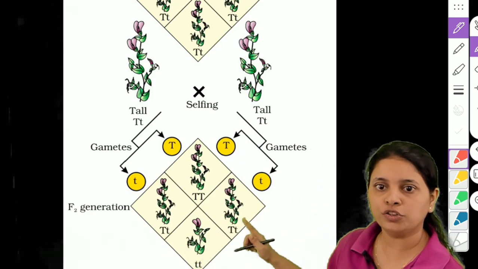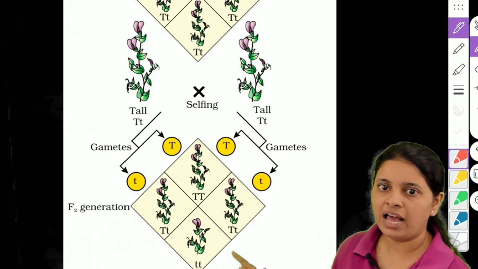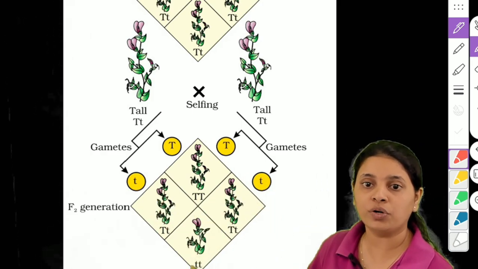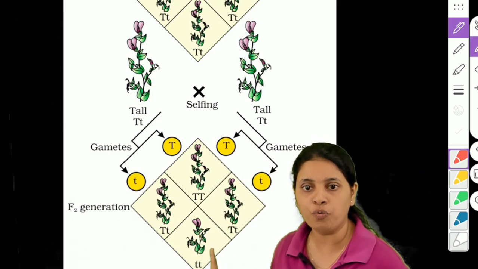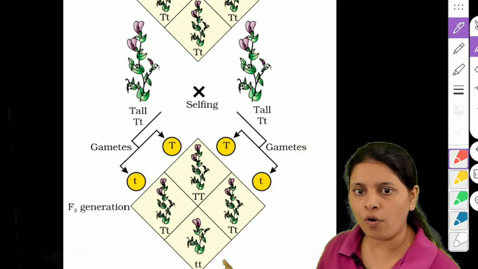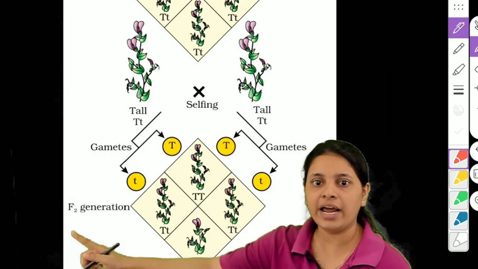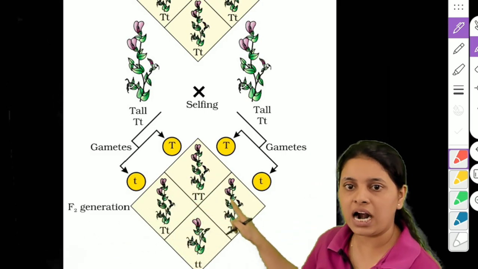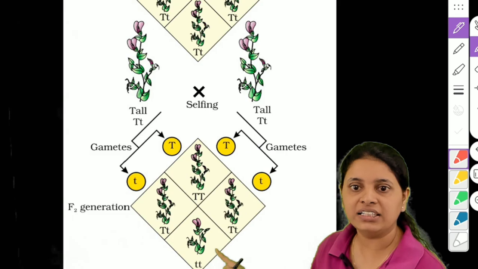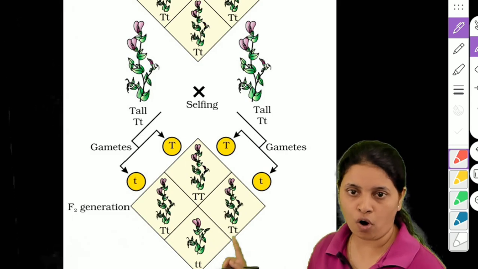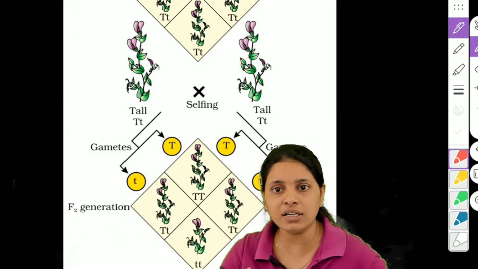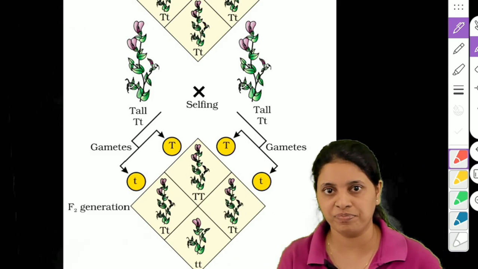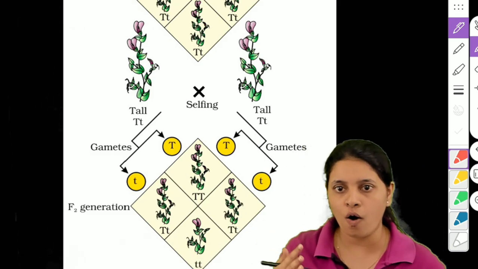Similarly, this one is also tall but hybrid, and if small t and small t fuse, you will get the genotype small t small t and dwarf height of the plant. So here you can see in the F2 generation, the second filial generation, 3 plants are tall and this one plant is short. The appearance which you see, for example the height, whether the plant is tall or dwarf.